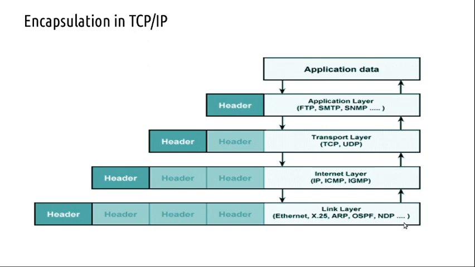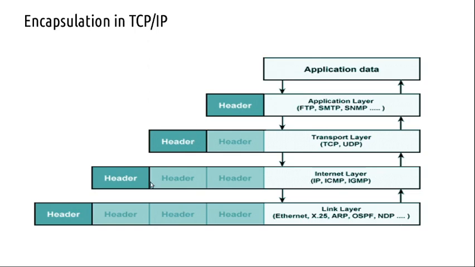Just as in the OSI model, there is encapsulation here. You have different protocols, say file transfer protocol, simple mail transfer protocol, SNMP. I don't remember exactly what this means. Then the transport layer, two dominant protocols, TCP and UDP. Then the internet layer, say this is internet protocol.